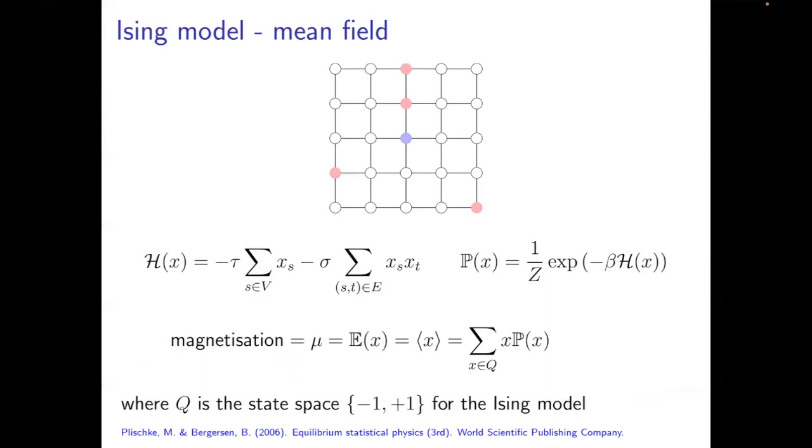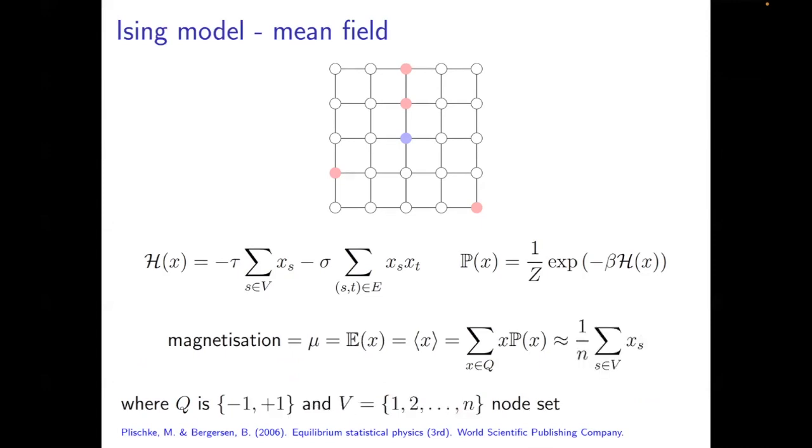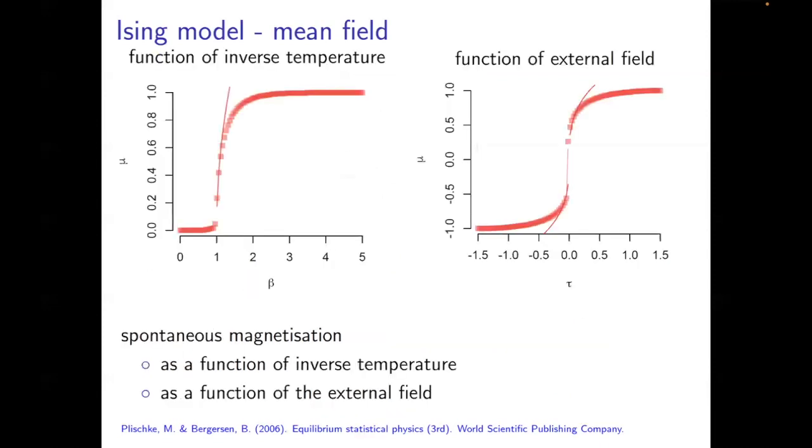We typically look at an order parameter, which is the magnetization. That's the expectation of a generic variable within this model, and that's the physics notation for the expectation. We often approximate this in the mean field by just summing up and dividing by the number of nodes. And hopefully, if you have enough, that's a reasonable approximation. So that's what we look for in the mean field.